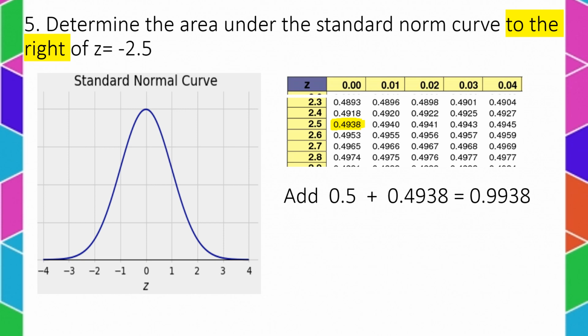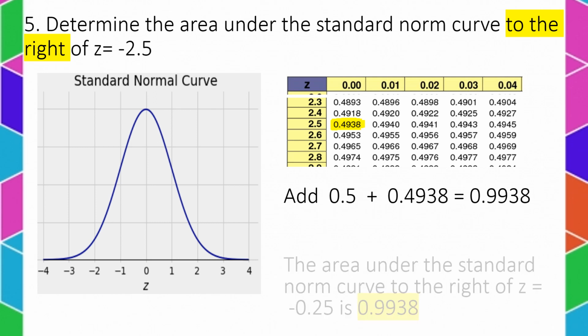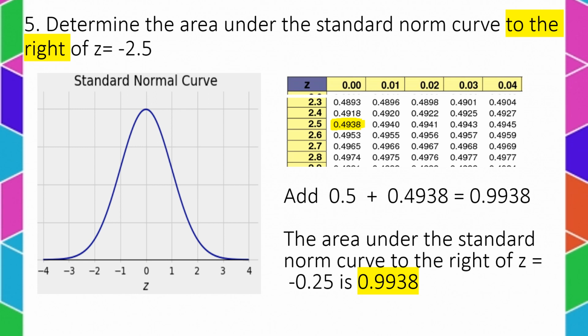So 0.5 plus 0.4938 is equal to 0.9938. So take note that the area that should be shaded is 99.38. No? Konti niya lang 100% yan. Medyo malaki-laki din ang ating i-shade.